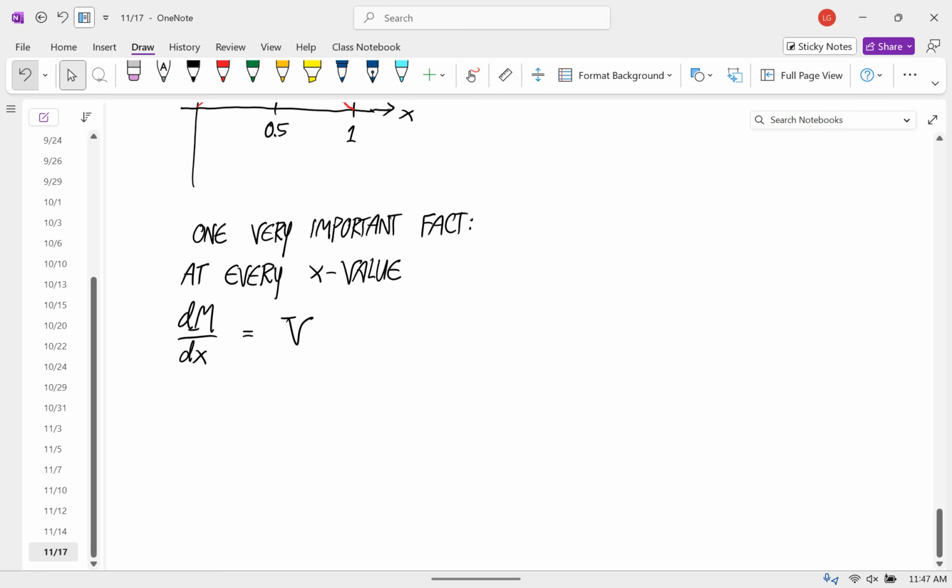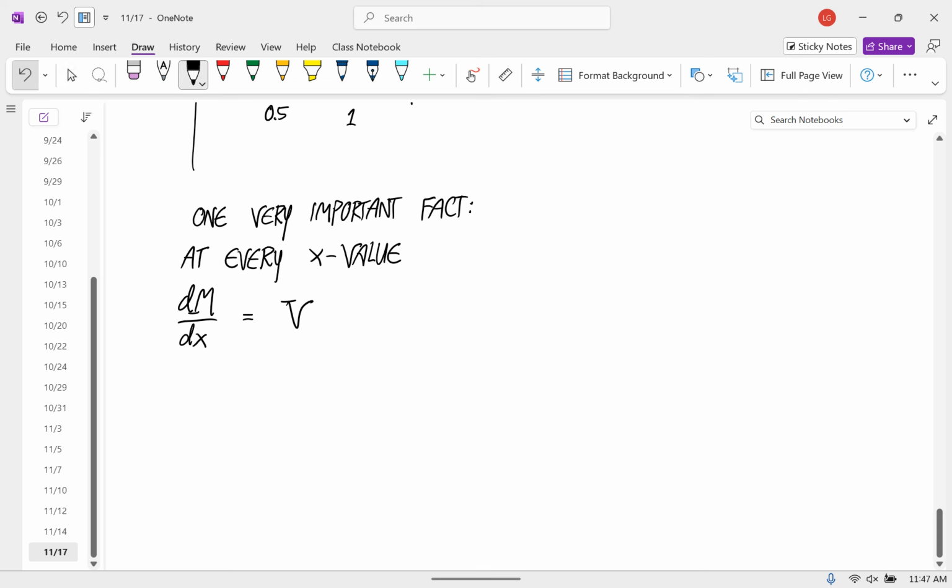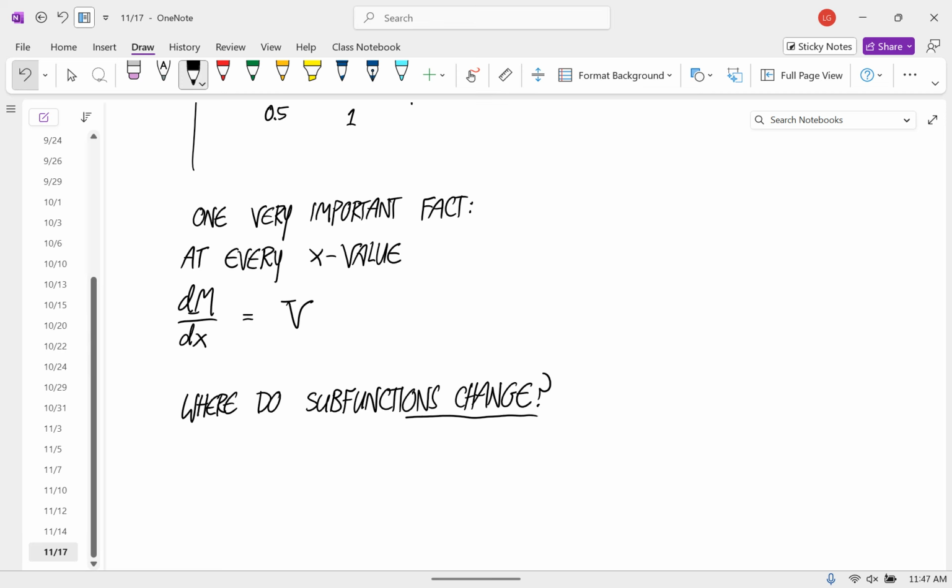Oh, I know what the other thing was I wanted to say. Yeah. So this is important too. Where do the subfunctions change? So where do you have to change to a new cut? So yep, point forces are one of them.